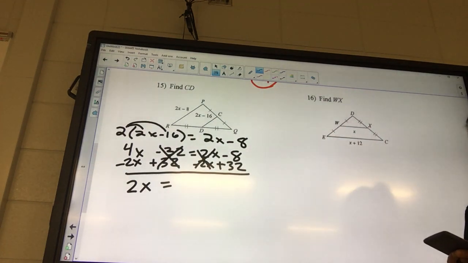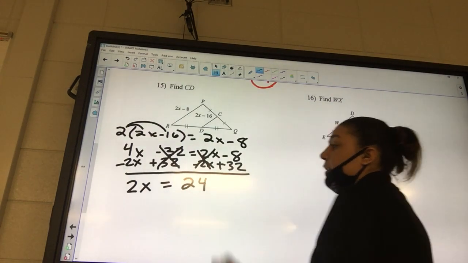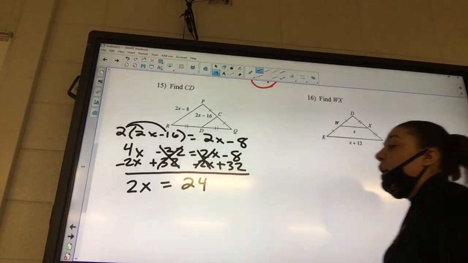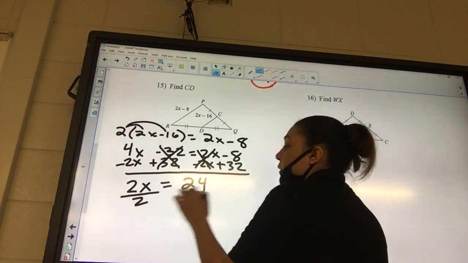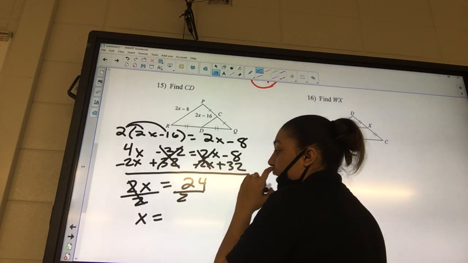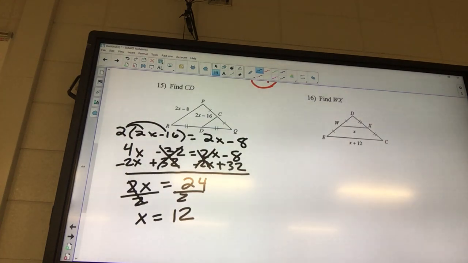Okay. So negative 8 plus 32 is going to give you 24. So I got 2x equals 24. Okay, and then we're going to divide by 2. So x equals 24 divided by 2, which is 12. And then where do we plug that into?